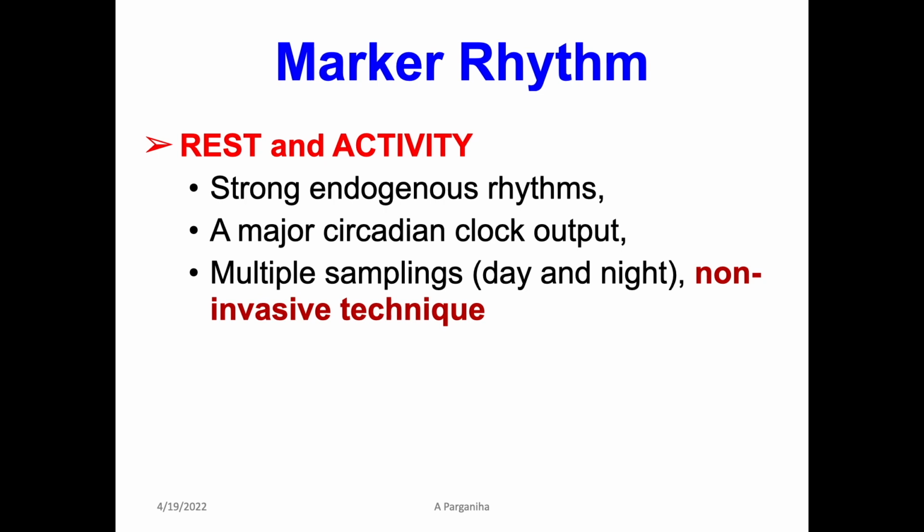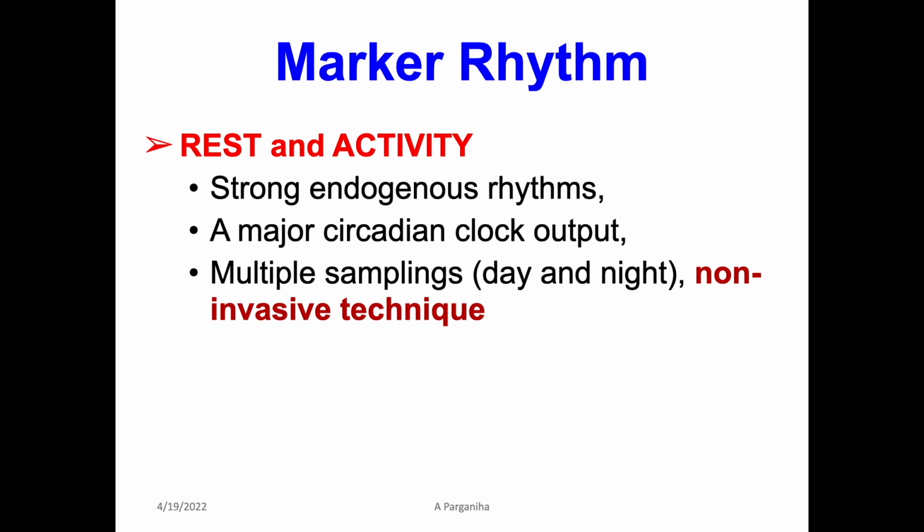We know that sleep wakefulness, or rest activity, is the most important physiological function. Another important feature of rest activity is that throughout the day and night we can have multiple samplings of rest and activity. Another important feature is that it is a non-invasive technique.